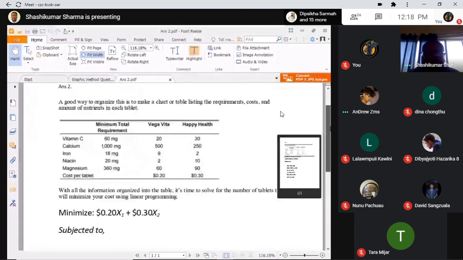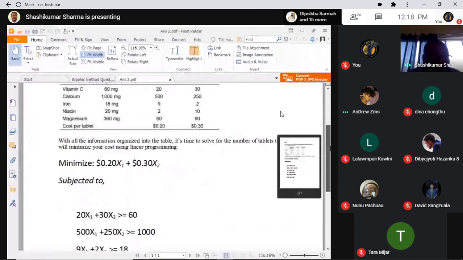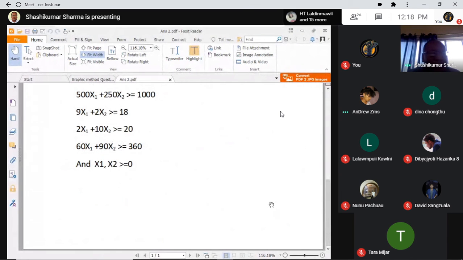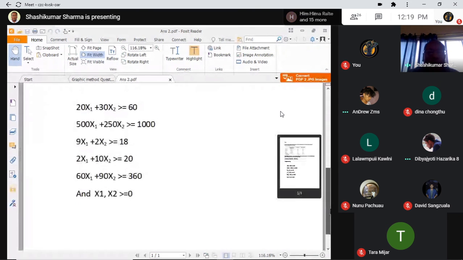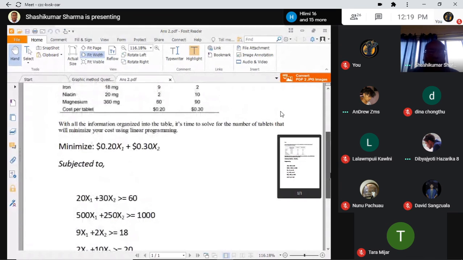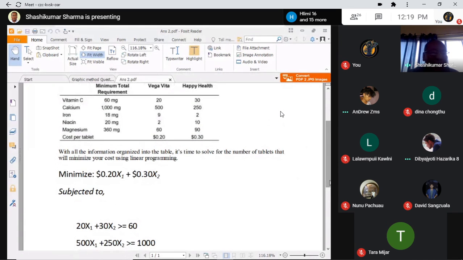You draw the graph, find the solution, take a photo of it, and upload it there. So I have formulated the question for you. Now you have to find the solution. How many tablets of X1 and X2 have to be purchased at the minimum cost, while you get the minimum total requirement of your vitamins and other chemicals?